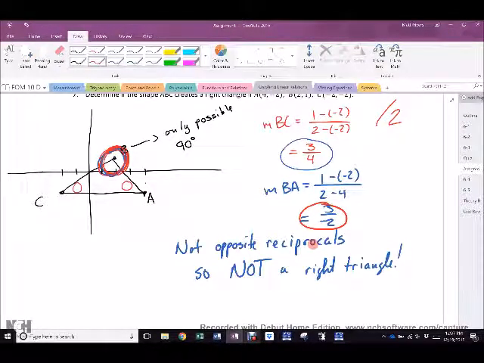Now, listen to me. A bunch of kids in the other class checked this only and said that wasn't 90 degrees, so it can't be a right angle triangle. That's a mistake, because this one still could have been. Some of them checked this side and said, it's not 90, so it can't be that one. Right? Now, if this was 90, and you checked that and that or that, and found them to not be 90, you would say it's not a right angle triangle, right?